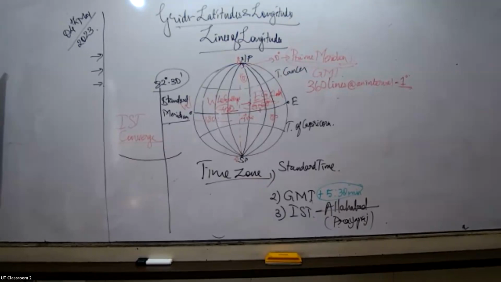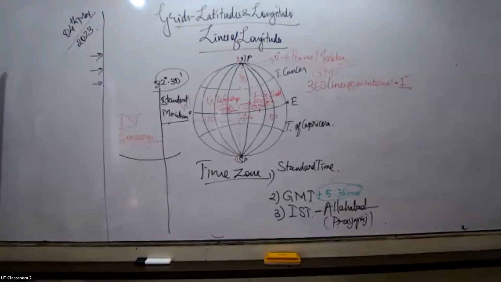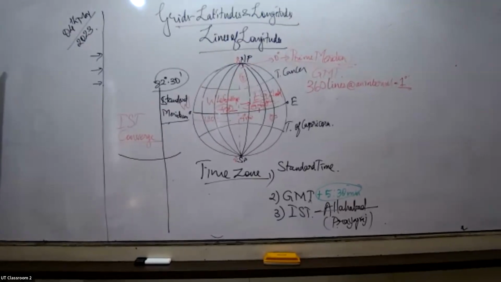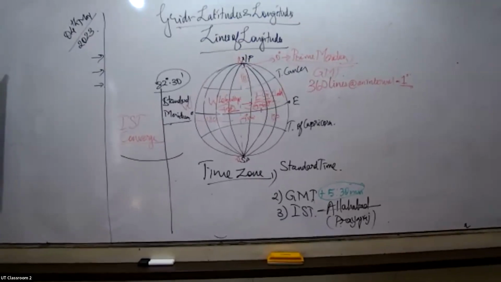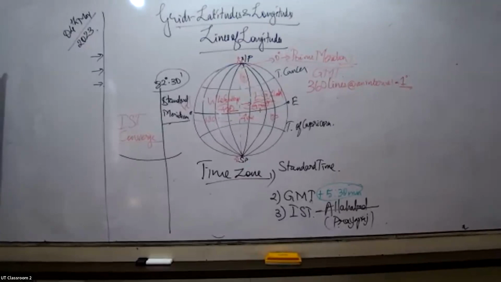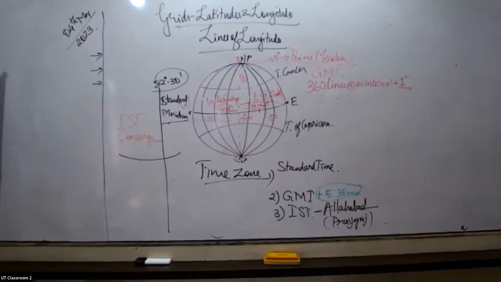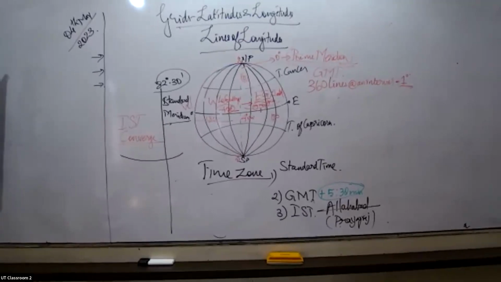Which is that circle? Equator. Very good. Great circle, you write hyphen equator. Characteristics. Did you write small circle also? Yes, sir. Good, go ahead.